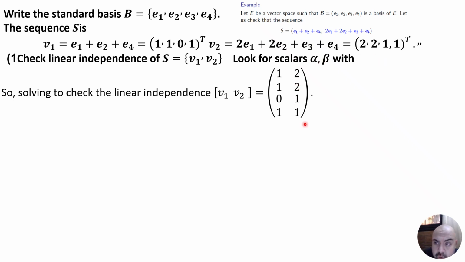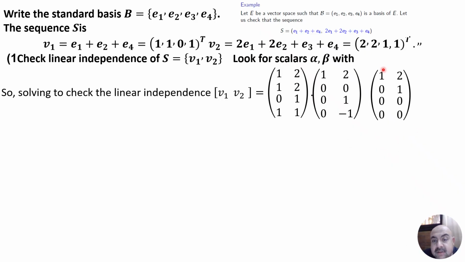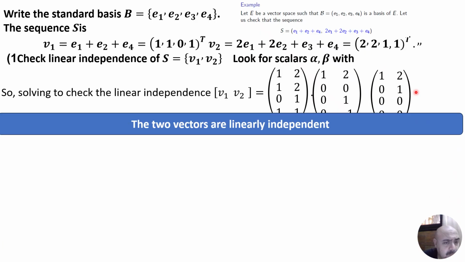Then I will work with row operations, multiplying the first row by -2 and -1, I'm sorry, and adding it to the second row, then multiplying the first row by -1 and adding it to the fourth row, and that's how the matrix is going to be. Going to a reduced echelon form in order to check the independence of them. And here we go, that's the echelon form. The rank is equal to 2, which means these two vectors are linearly independent.